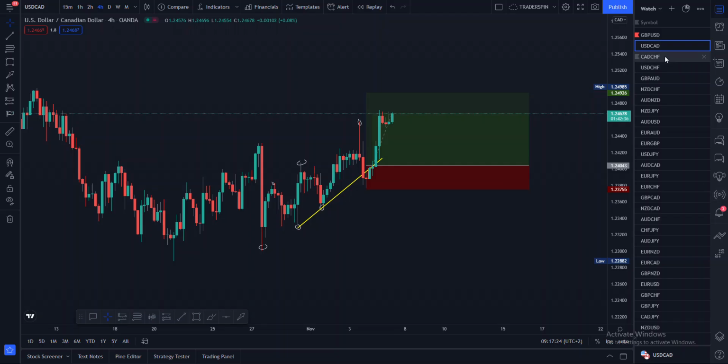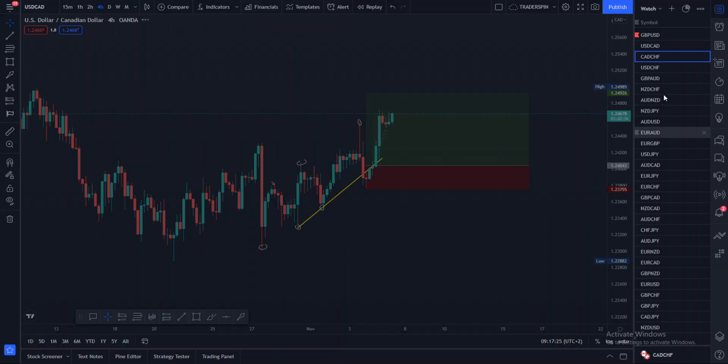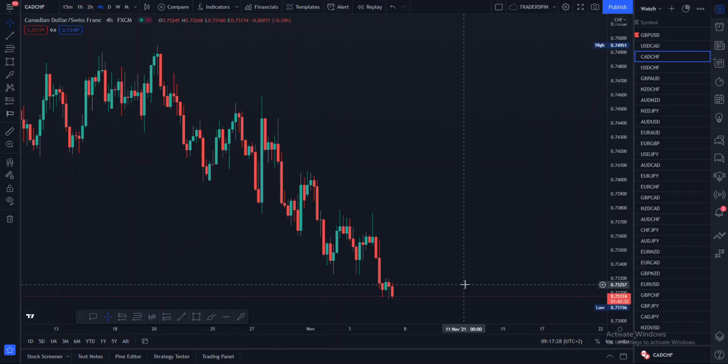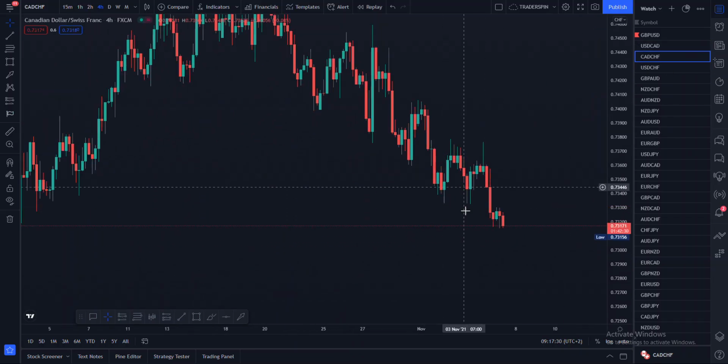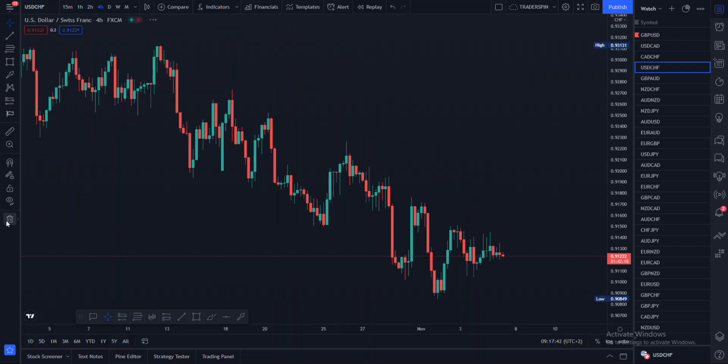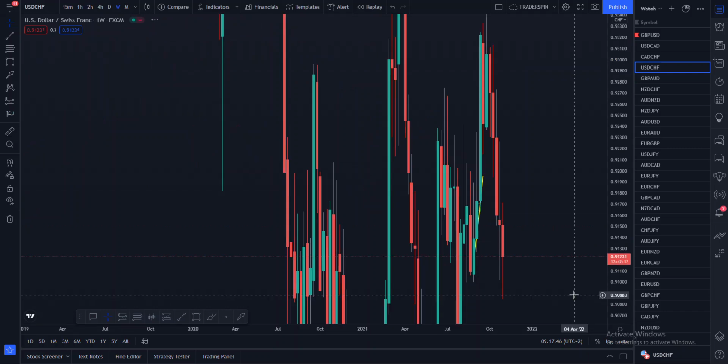Okay, let us continue looking at some other things. I also missed DCHF yesterday, but it wasn't that good for me, so I just left the trade. I didn't really pay any attention to it.